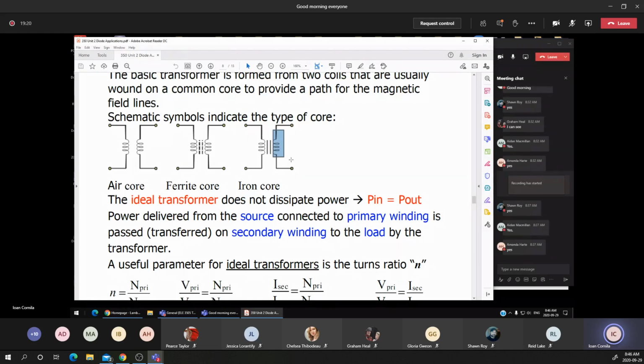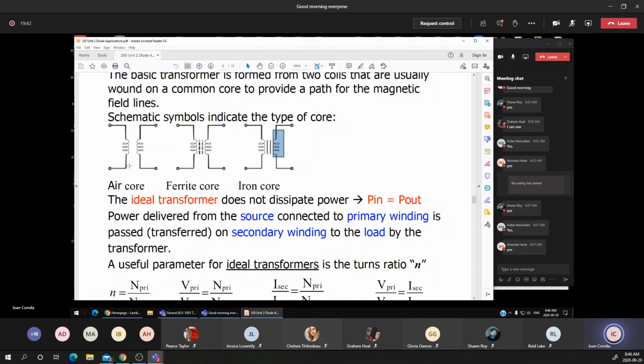Now we may see different cores, and in the example that I showed you, just by placing the two coils side by side, the energy is transferred, but at the same time the core is an air core.